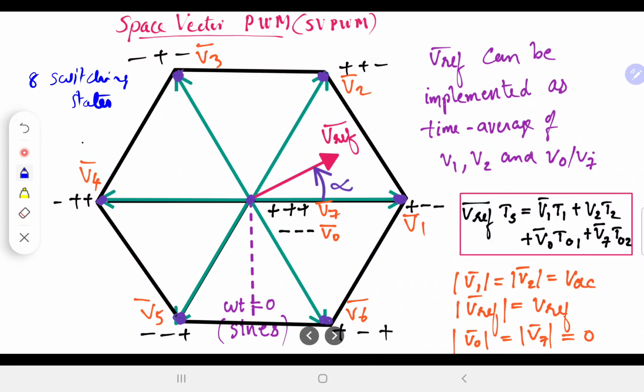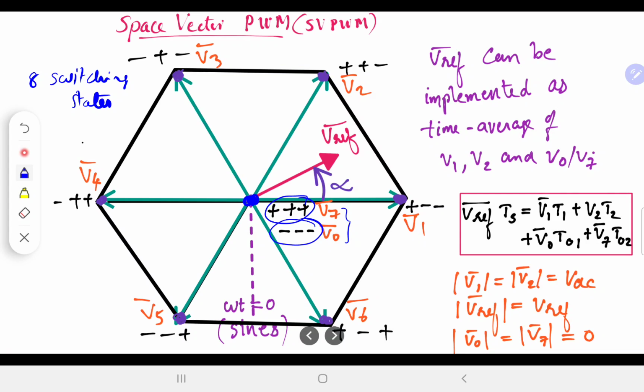Mind you that both plus plus plus and minus minus minus represent the same situation or same vector in the space. So that happens to be the center point of the hexagon, which gives me no power at all. So that is what we call a zero state, zero voltage state. The vector is only one.